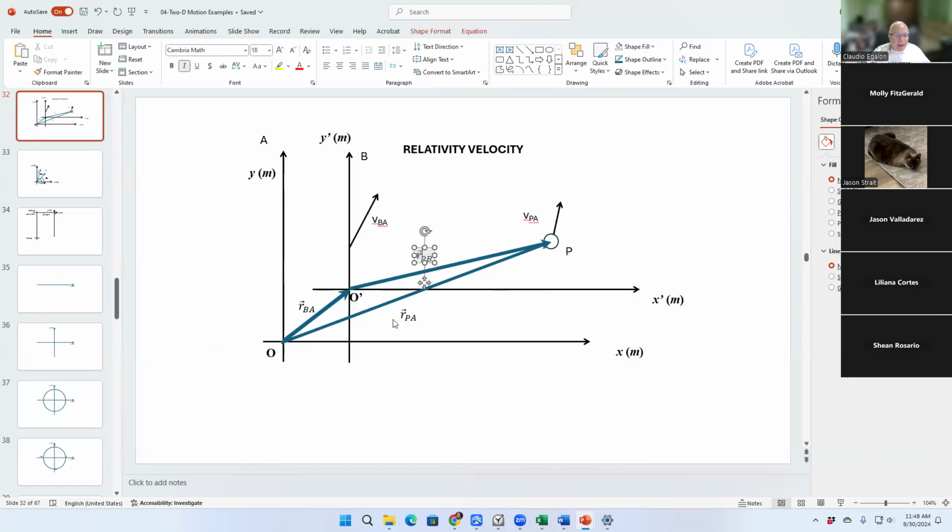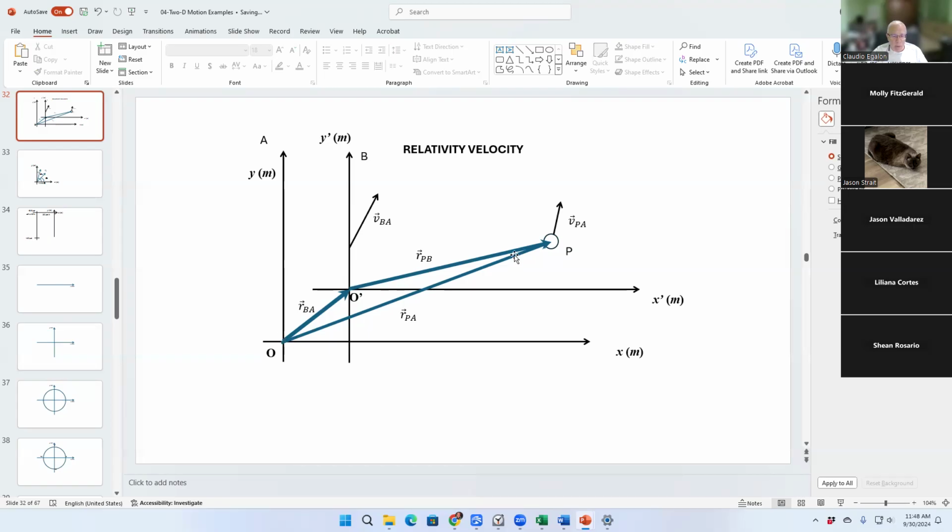And here, I'm going to improve my notation. Don't forget it's a vector, right? I want to make sure I get the notation in the proper way.